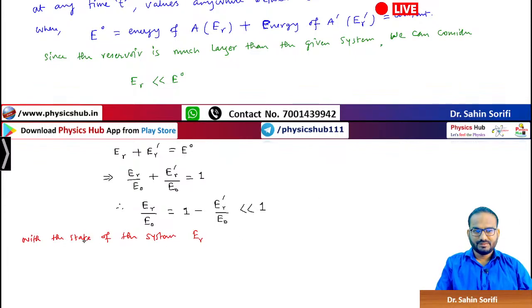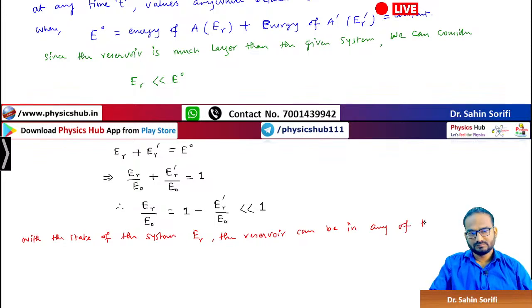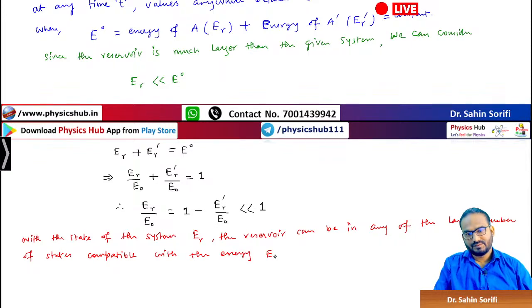The state of the system ER, the reservoir, can be in any of a large number of states compatible with the energy ER prime.